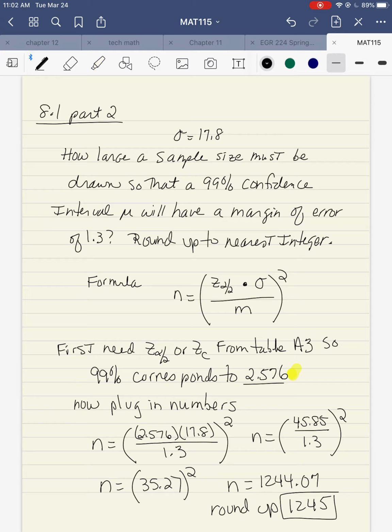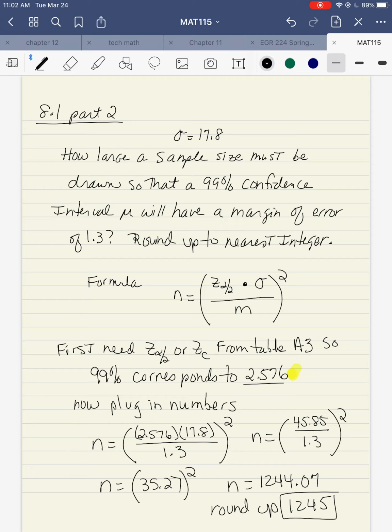And it says now plug in the numbers. So the sample size is going to be the critical value, which is what I just looked up, 2.576, times sigma. Sigma was given as 17.8 at the top of the problem, divided by the margin of error, which was given at 1.3, and square it. So the first calculation I did was 2.576 times 17.8, and that came to 45.85 divided by 1.3.